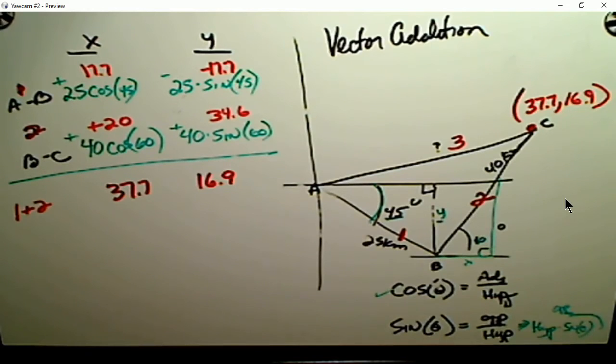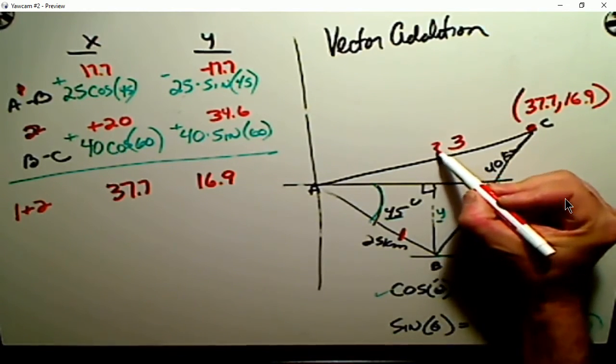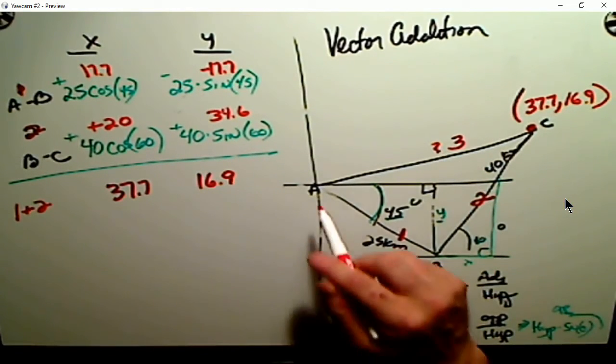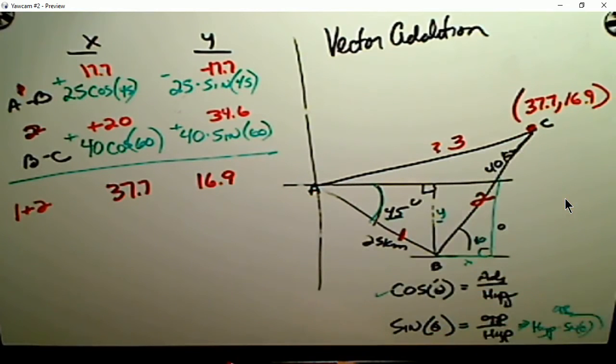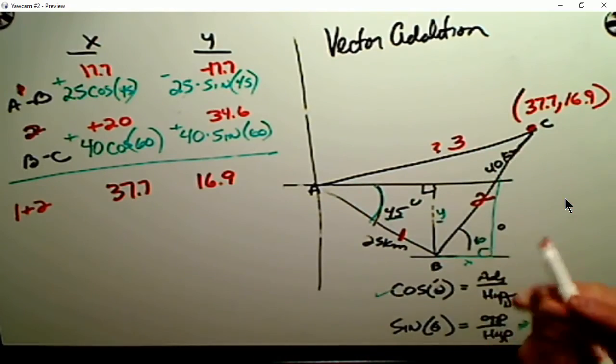Now, often you're asked, what is this magnitude and direction? If someone were to walk directly from point A to point B, they're going to need to know how far to walk and in what direction to walk. Okay, so they need both things, how far to walk and what direction to walk.